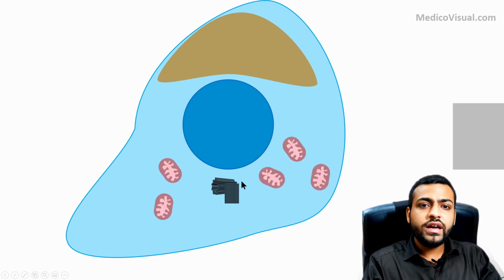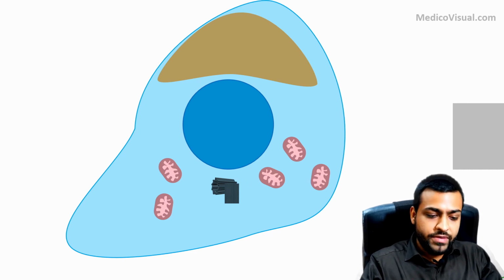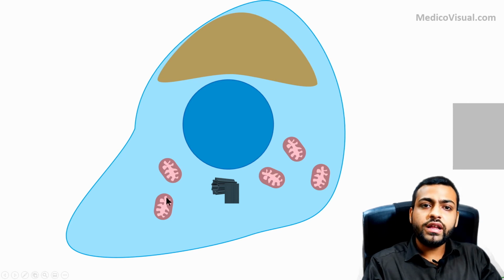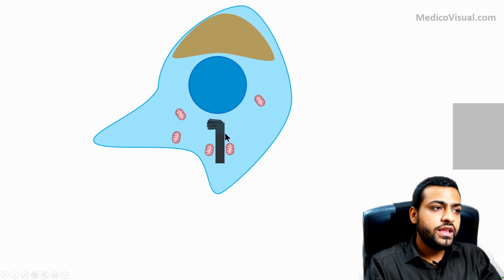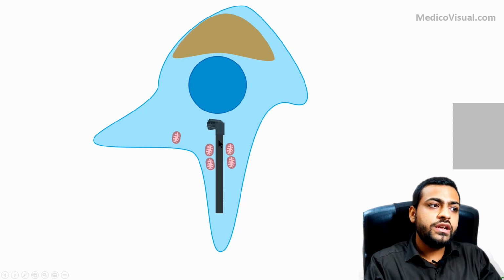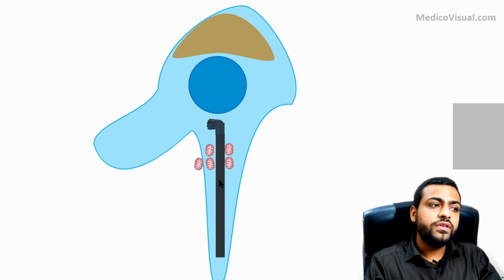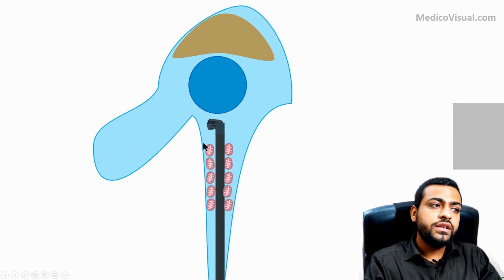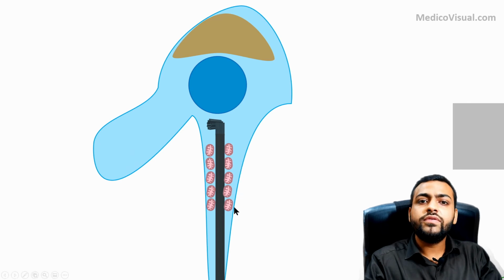These mitochondria have the ability to self-replicate. They can regenerate mitochondria themselves, right? So lots of mitochondria will gather at the base of this tail, at the base of this flagellum, and meanwhile the flagellum is being formed by the extension of this centriole. And these mitochondria are arranged at the base of the flagellum, at the base of the tail, right?